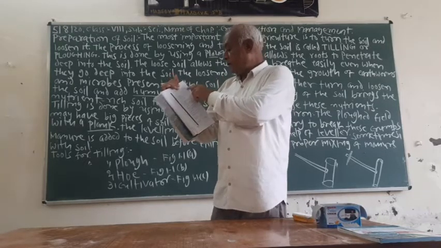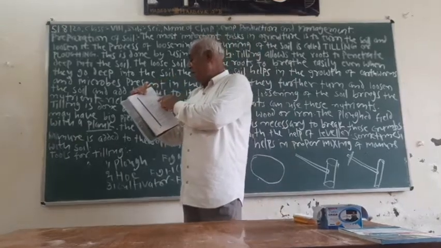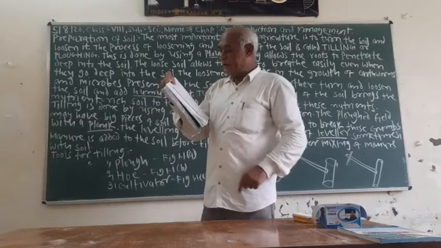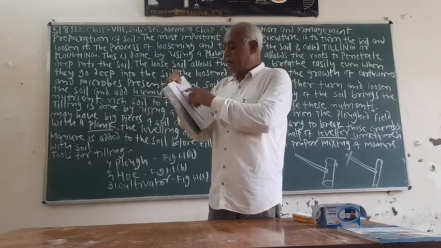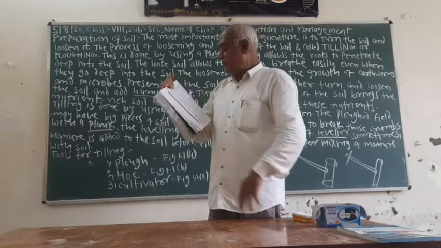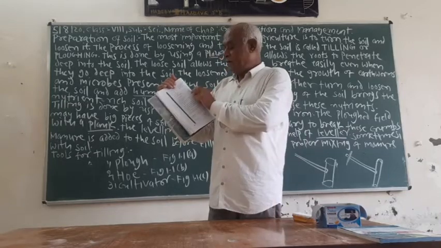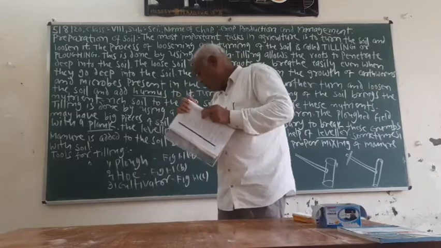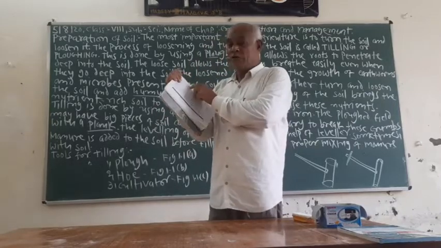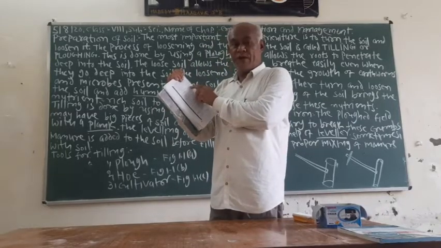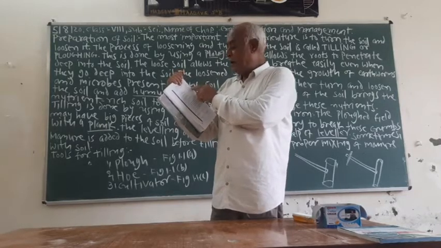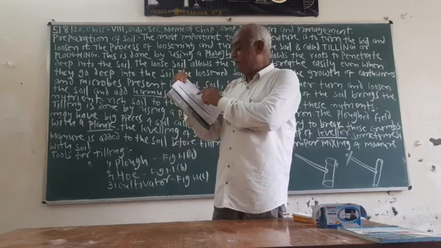So in column B, paddy and maize are Kharif crops. That is the correct answer. Second, in column A, Rabi crop. Examples of Rabi crop: the crops which are grown in the month of October or the winter season. Wheat, gram and pea are examples of Rabi crop.